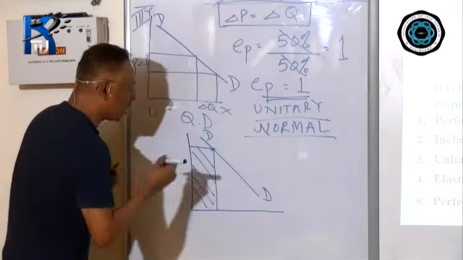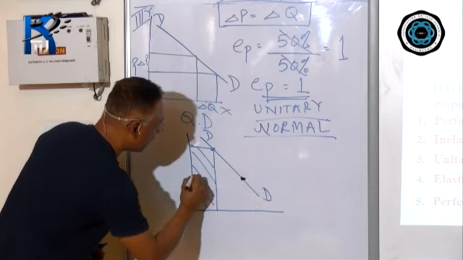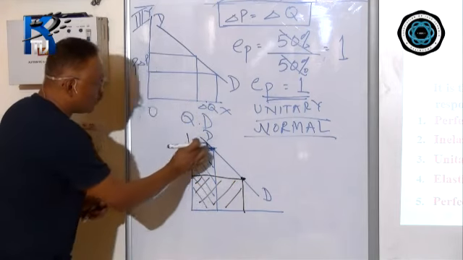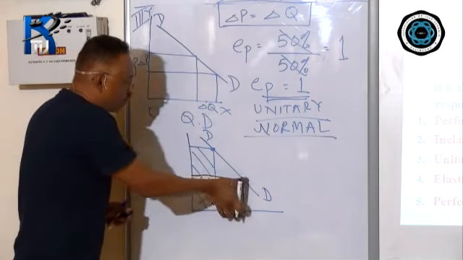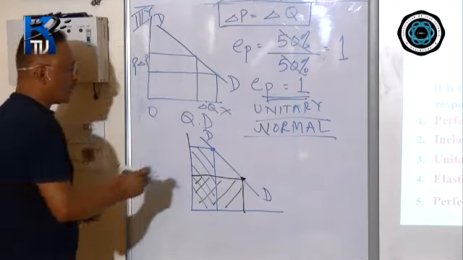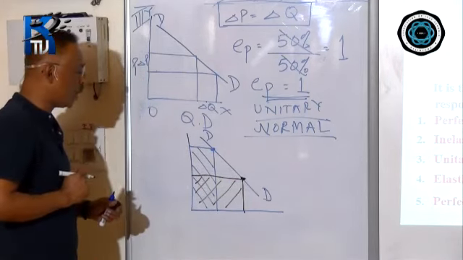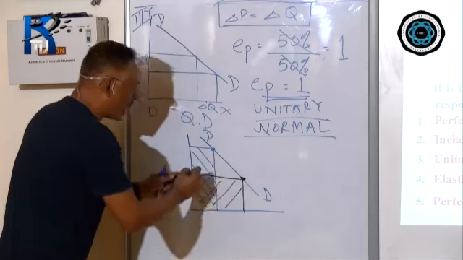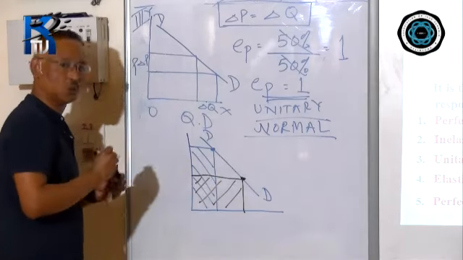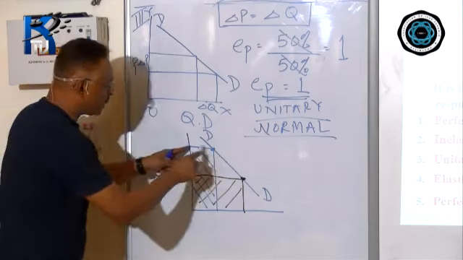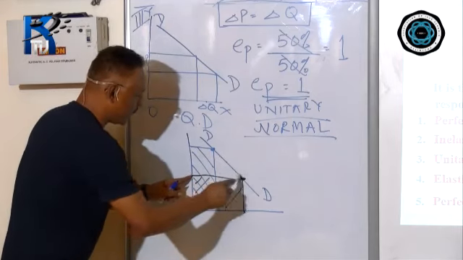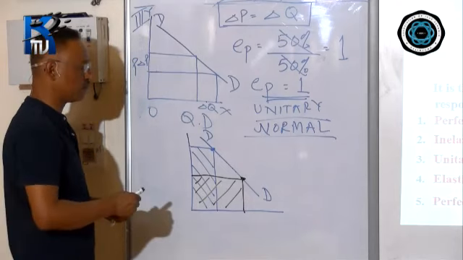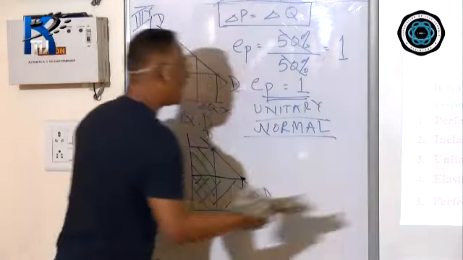I take another point anywhere here, and I find the area of this also. You will find the area of the blue portion and the area of this black portion will be same. That means any point on the demand curve, whatever area you get below it will be equal. You take this point, find area, you take this point, find area, it will be same. This is called rectangular hyperbola. Very simple. The next one.